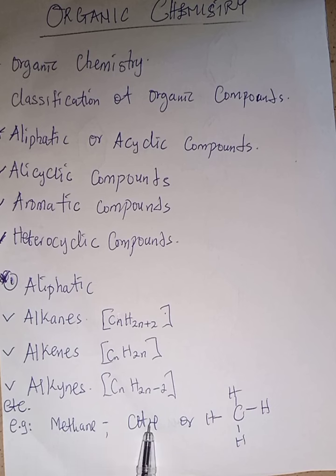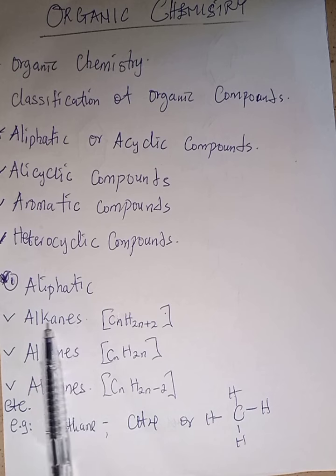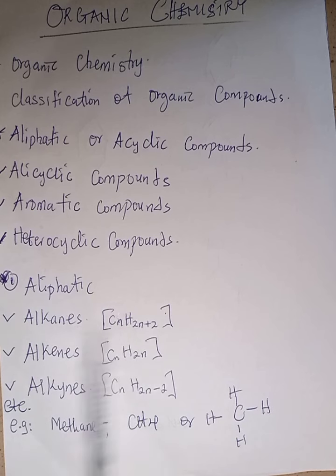Then we have methane as an example of the alkane series. We don't have methene, because alkenes start from 2, so we have ethene. But there is one they call methylene. I'll show you that later. Methylene is a complex group that we see inside a straight chain of these hydrocarbons.